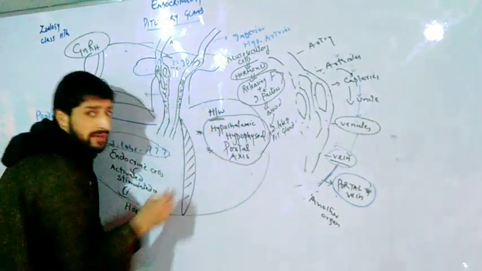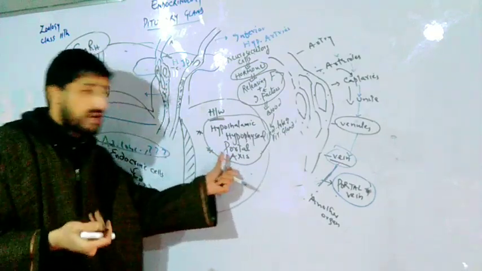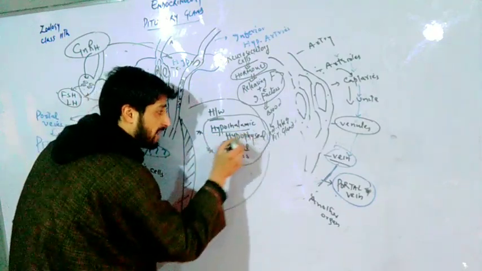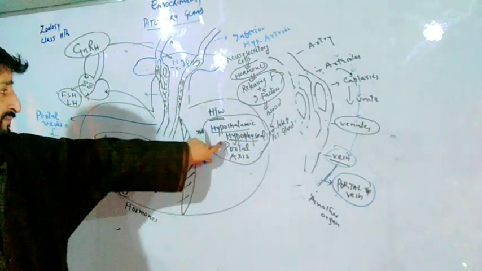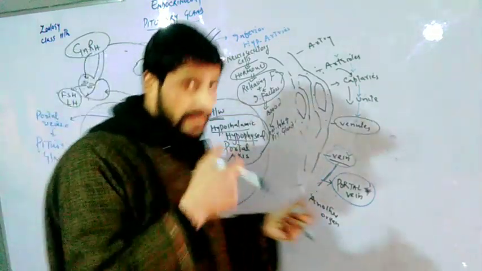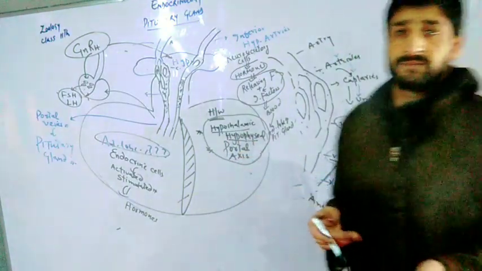This is for everybody, for the offline batch as well as the online batch, and for everybody who is watching the video on YouTube. Hypothalamic hypophyseal portal axis. What do you mean by this term? You can search on Google and comment on the link below in my lecture.